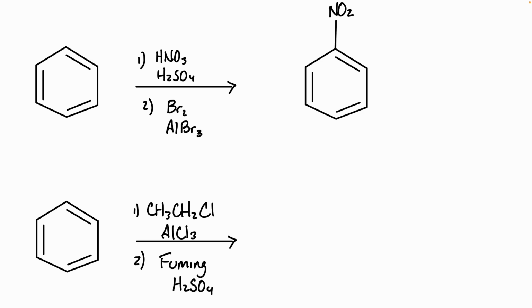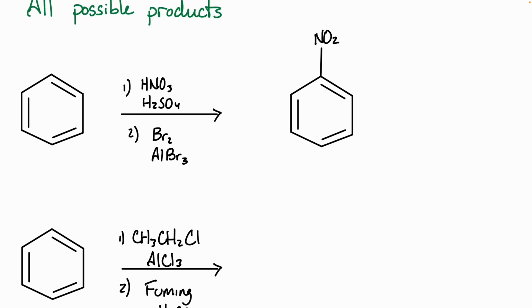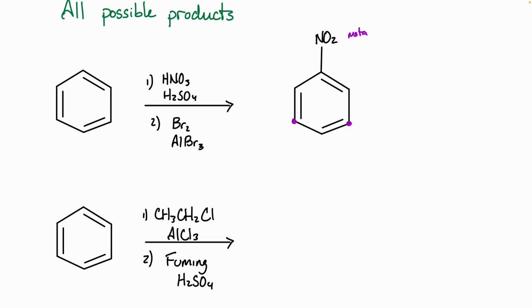So now my second reaction, in order to tell where that electrophile, that bromine, is going to go, I need to be able to classify my NO2 as either ortho/para or meta-directing. That nitro group is which one? Meta. So that means it's going to direct to these incoming positions. Either one would give me the same product. So my bromine will be meta to that nitro group.